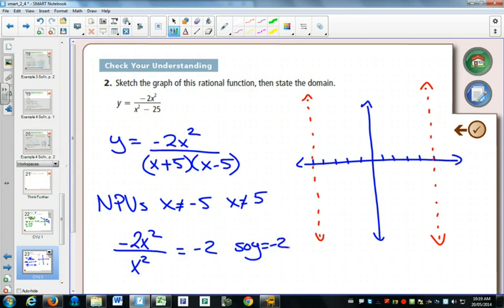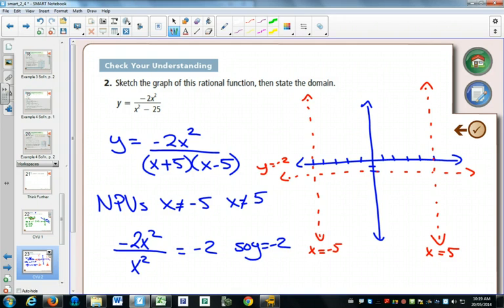So y equals -2 will be our horizontal asymptote.